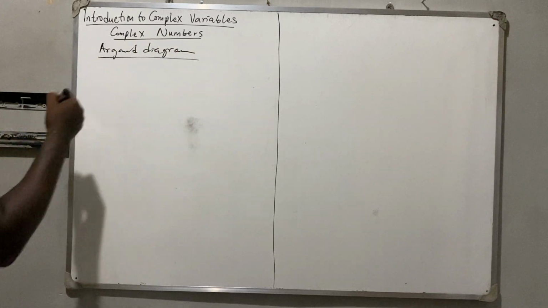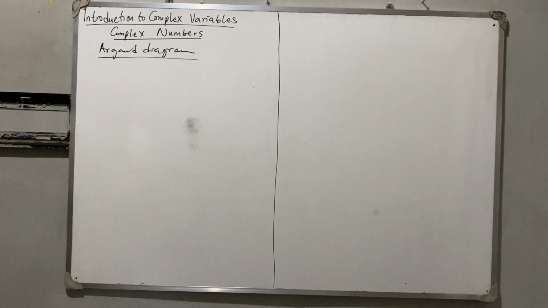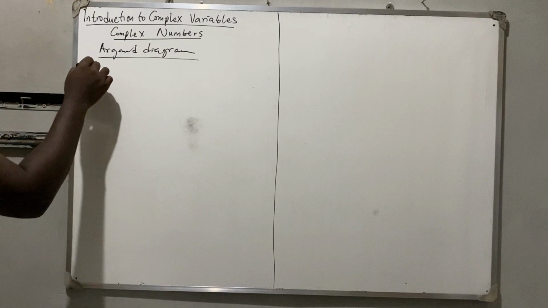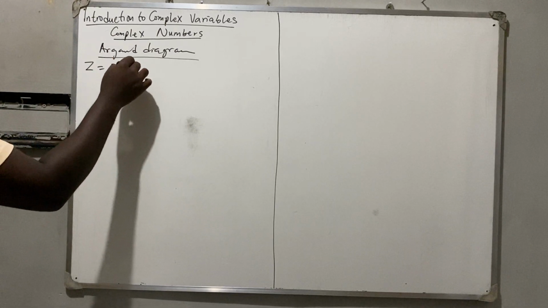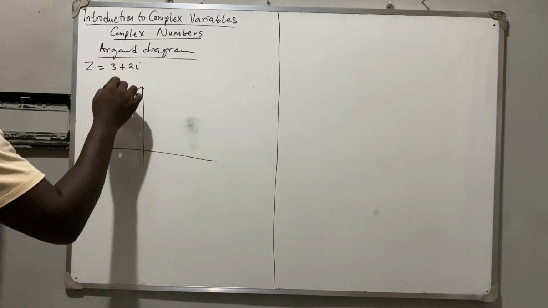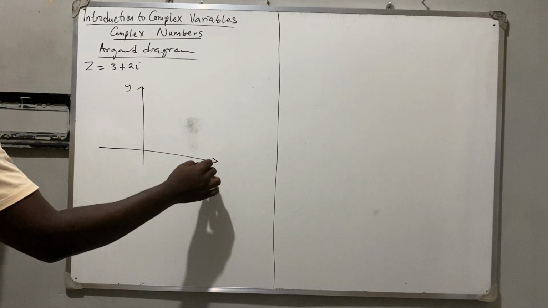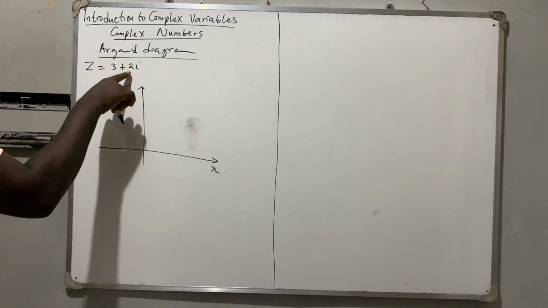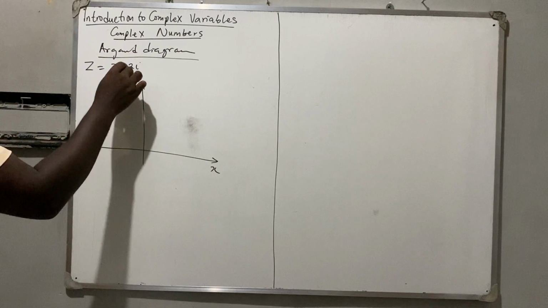So you should write that Argand diagram is a way of representing a complex number in an xy plane. For example, if I have maybe a complex number z is equal to 3 plus 2i, you're going to draw your Cartesian plane. This is my y, and then this is my x, your xy plane. Remember that this is always x and then this one is y.